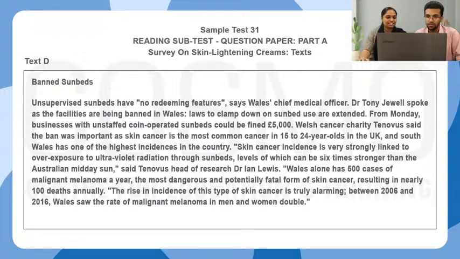Please be aware of synonyms and try to find out the specific answer. The answer is in the last sentence of this text, in the double quotes, the dialogue. The rise in incidence of this type of skin cancer is truly alarming. So the answer can be found in that particular text.